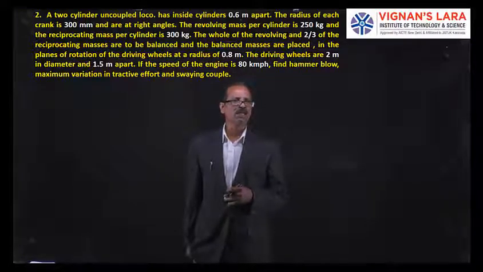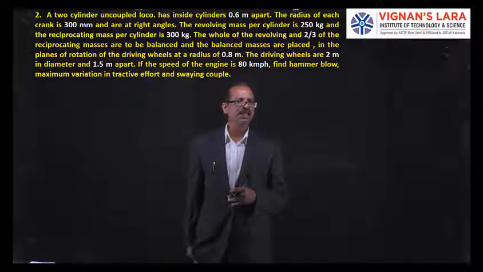The whole of the revolving and 2/3 of the reciprocating masses are to be balanced, and the balanced masses are placed in the planes of rotation of the driving wheels at a radius of 0.8 meters. The driving wheels are 2 meters in diameter and 1.5 meters apart. If the speed of the engine is 80 kmph, find the hammer blow, maximum variation in tractive effort and swaying couple.